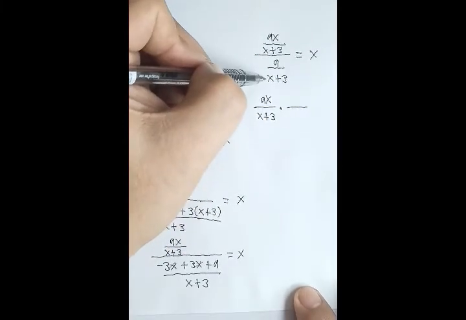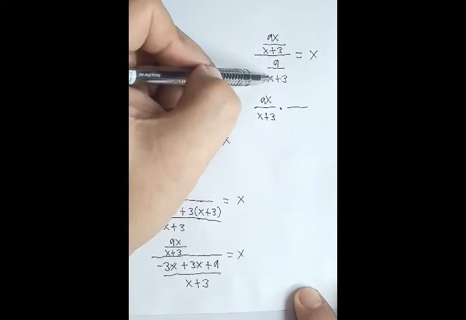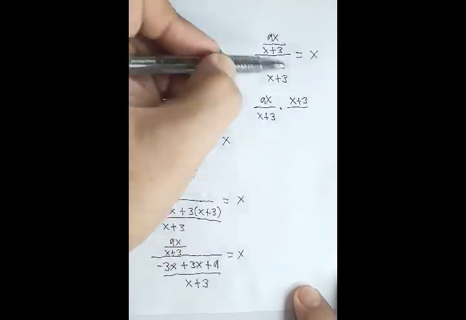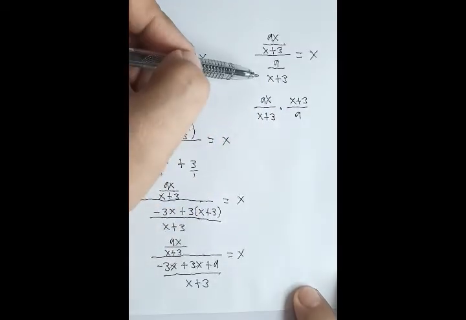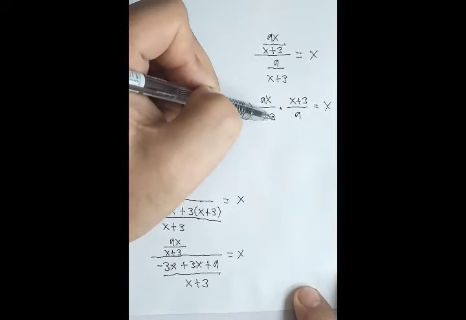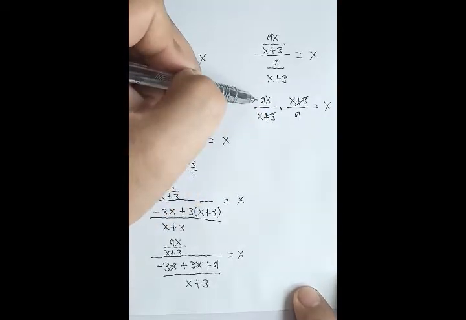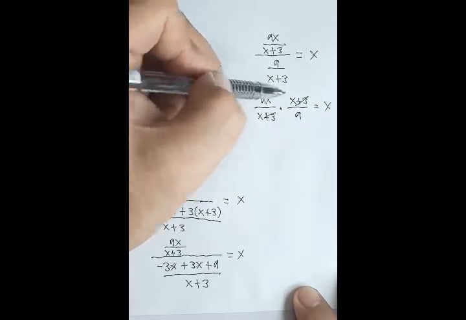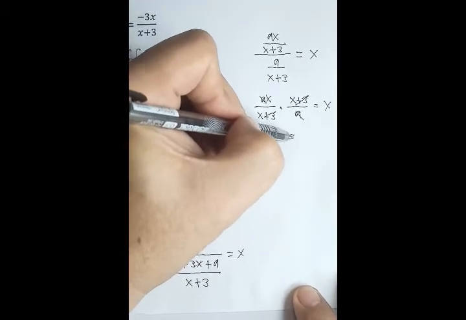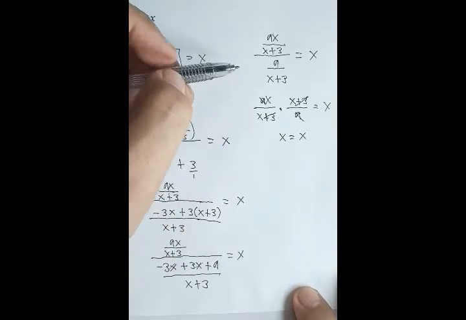So instead of denominator ng x plus 3, mahimo na siya numerator x plus 3 over 9 equals x. So cancel out ang x plus 3, then 3 po 9x divided by cancel po ng 9. So x is equal to x.